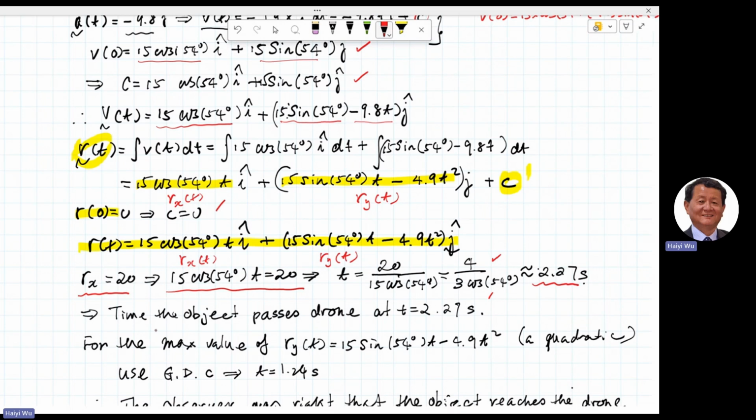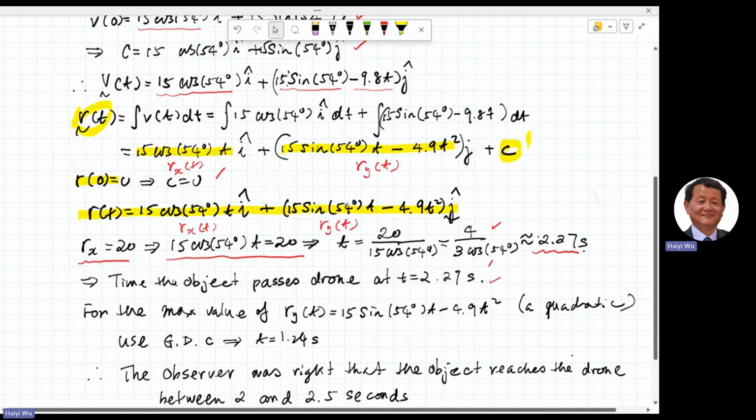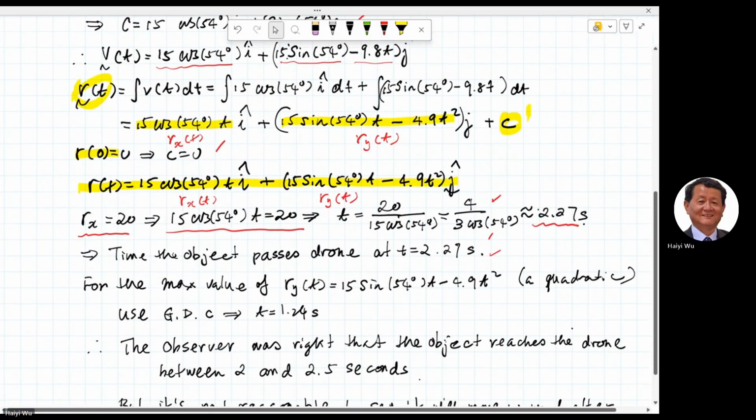So the time the object passes the drone is about 2.27 seconds.